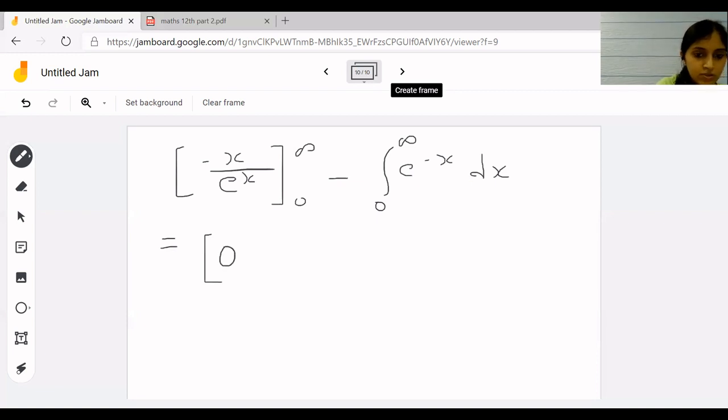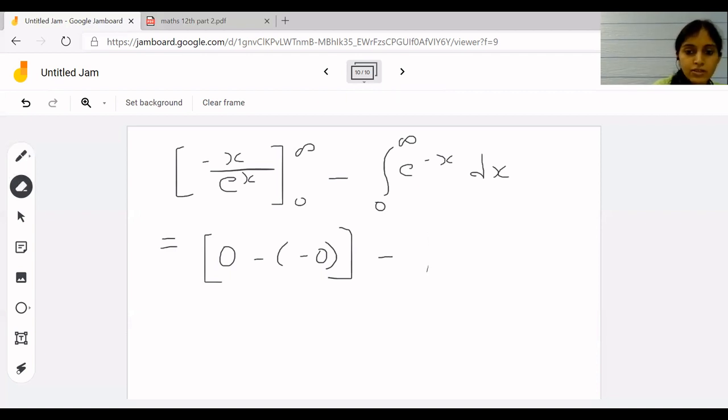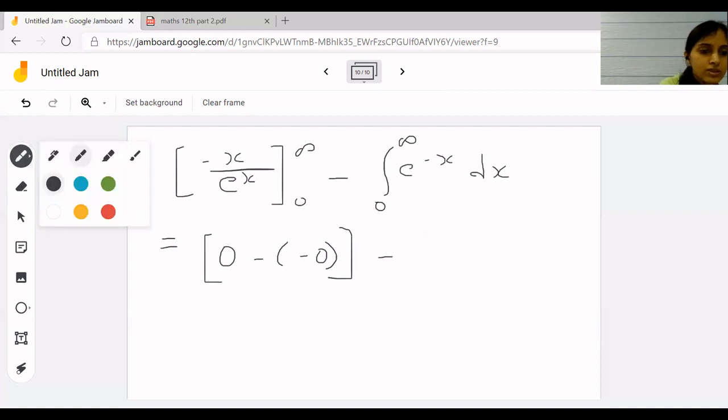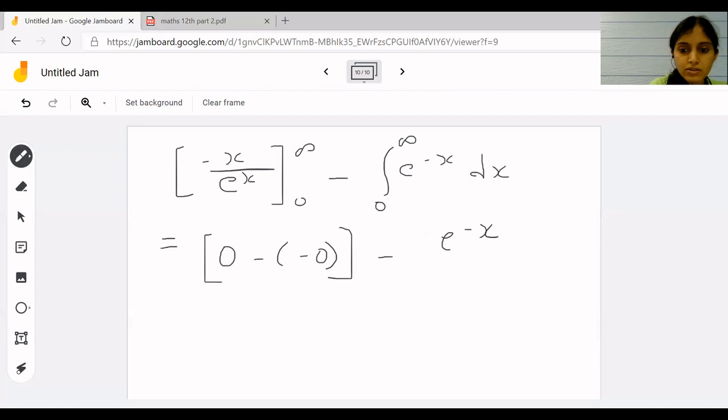So this will be 0 minus of minus 0. Okay, minus integral, here we have to find the integration yet, so let's put the value of the integration. Value of the integration is e raised to minus x upon minus 1, 0 to infinity.